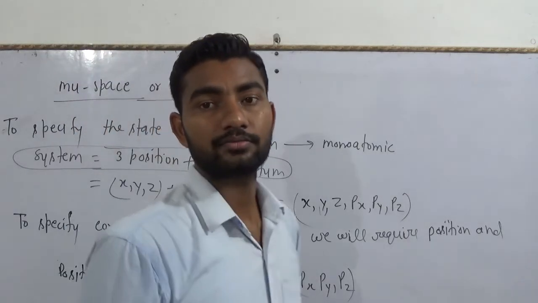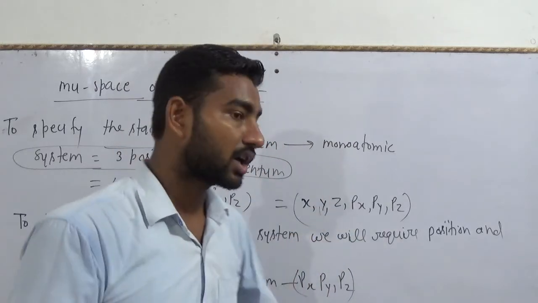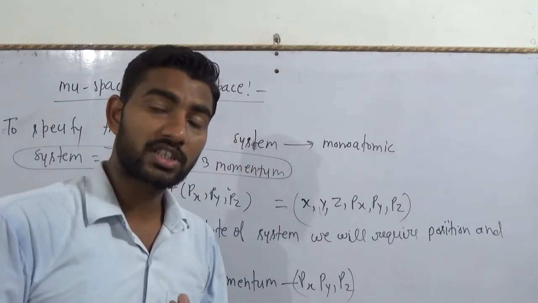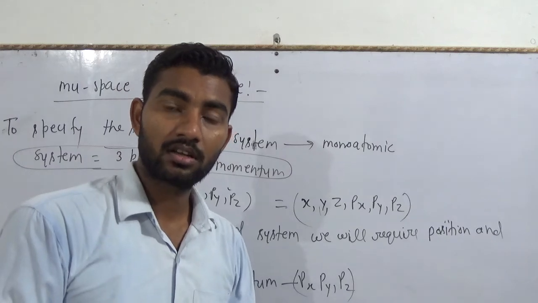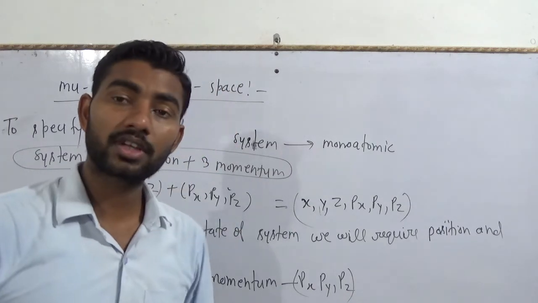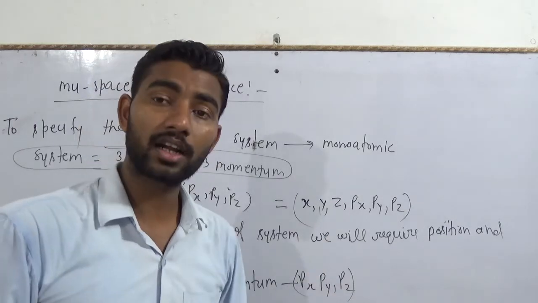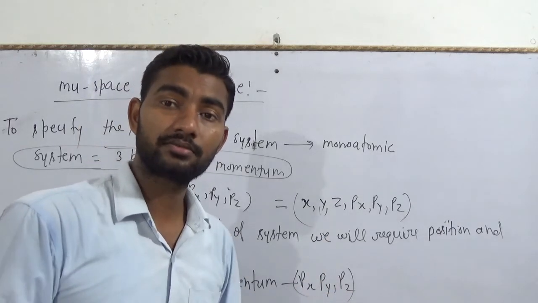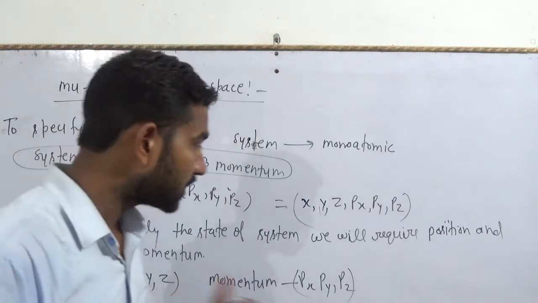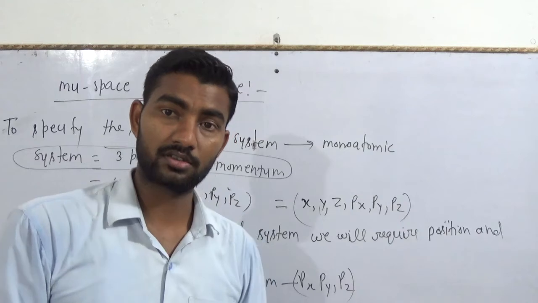Now friends, these 6 coordinates cover some space also, and this infinite set of 6 coordinates, the covered space, is known as phase space.